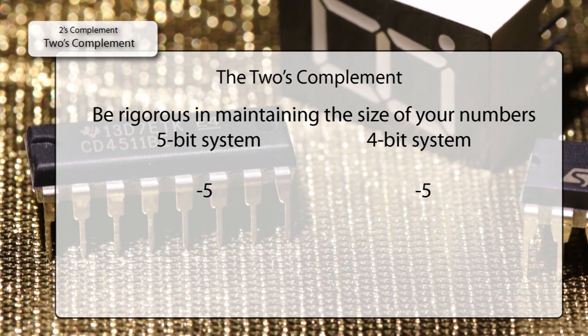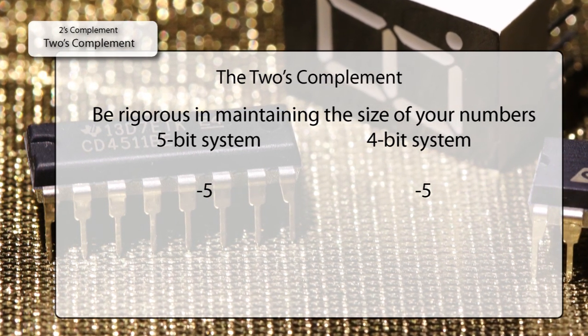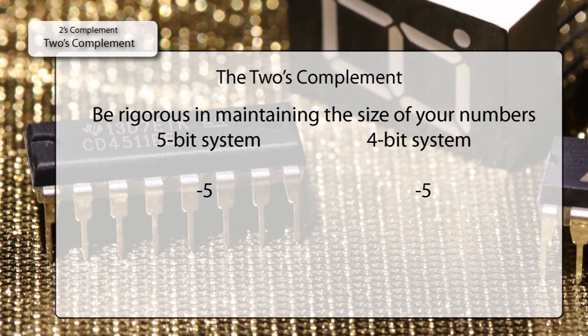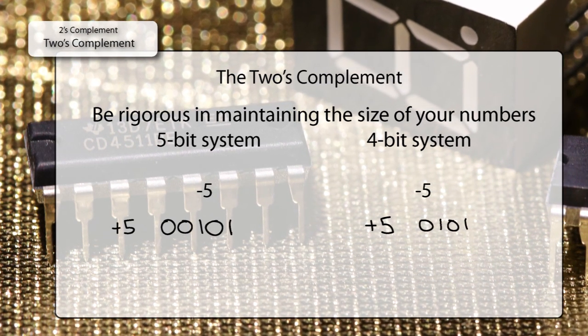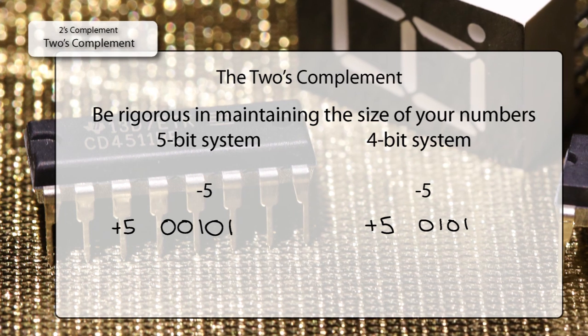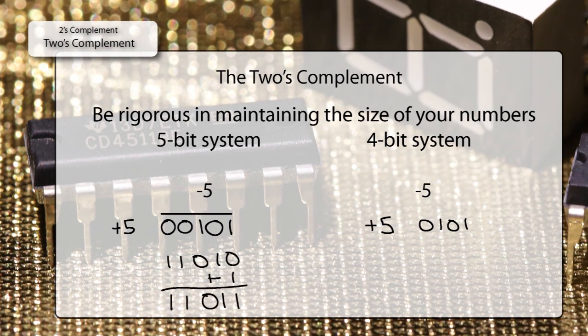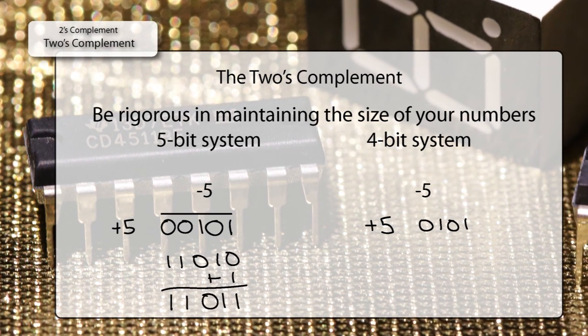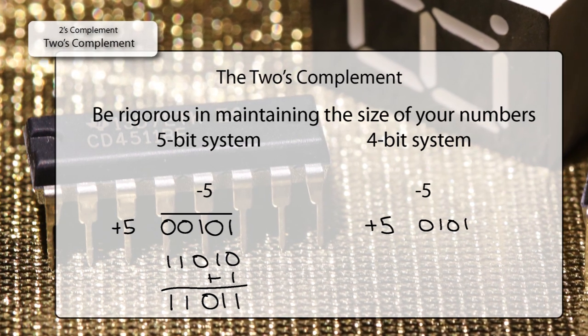So let's compare. What is decimal minus 5 on a 5-bit system? Well, it's 0, 0, 1, 0, 1, inverted to 1, 1, 0, 1, 0, plus 1, which gives us 1, 1, 0, 1, 1.